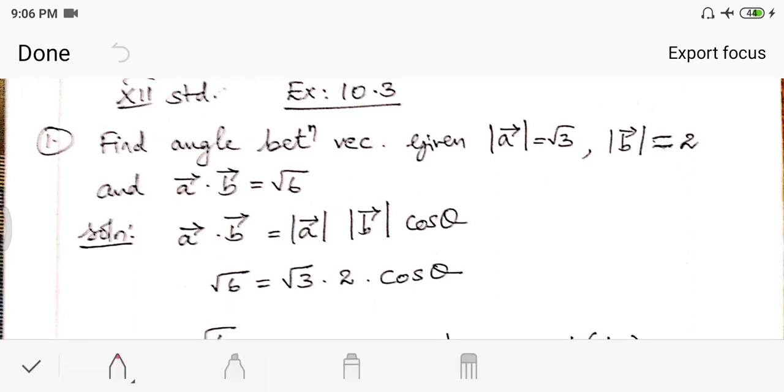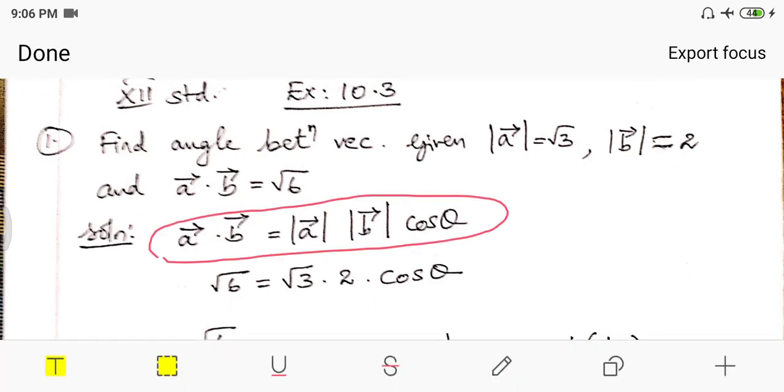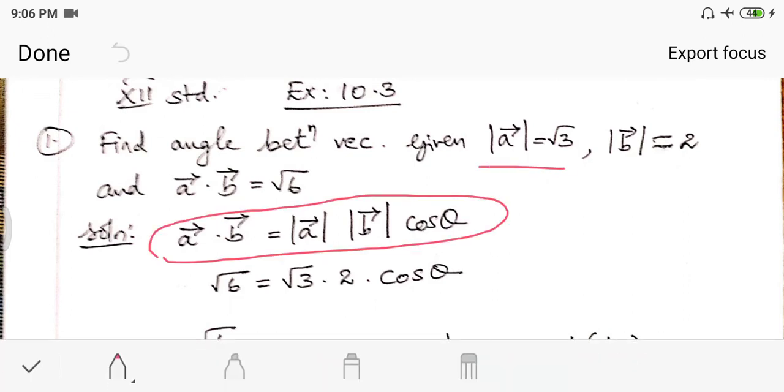Now we know this formula, this is a basic formula, a dot b is equal to modulus of a modulus of b cos theta. You just substitute these values, modulus of a is root 3, modulus of b is 2 and a dot b is root 6 is given here. So you just substitute these values.